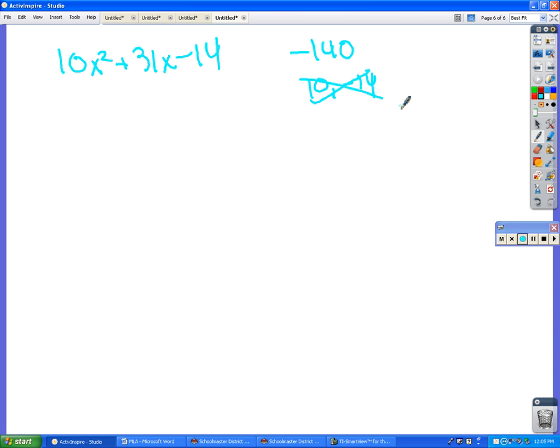So pick another one. 7 and negative 20. Do those add together to give me 31? Multiply actually. No. Does negative 24 go in there evenly? You could get a calculator out, go 140, start dividing it by numbers, see what works. 5 and 8.